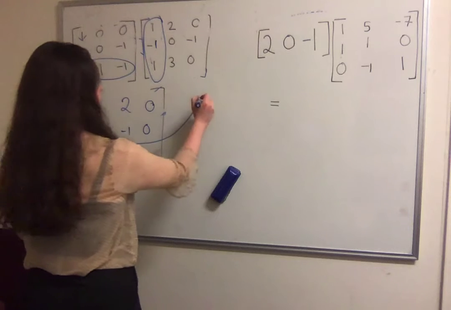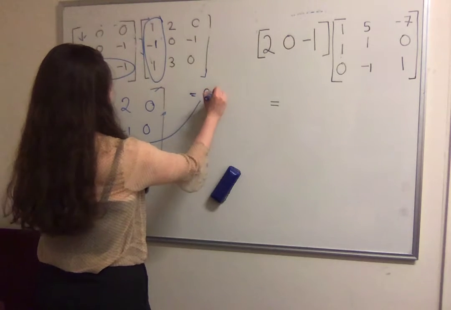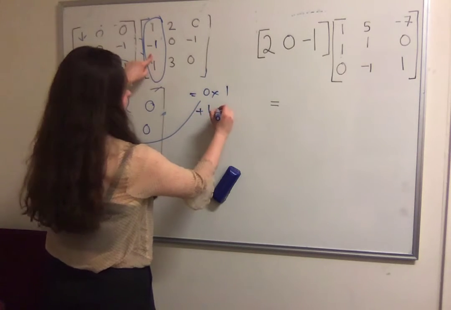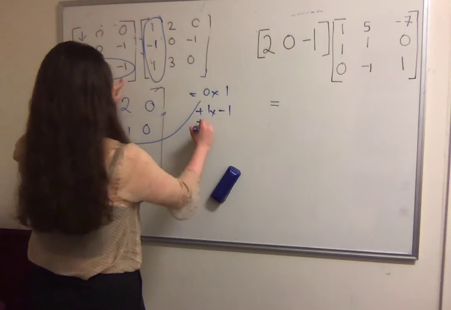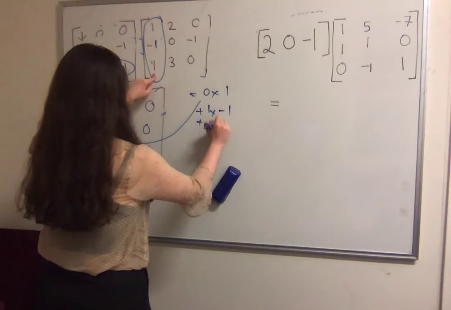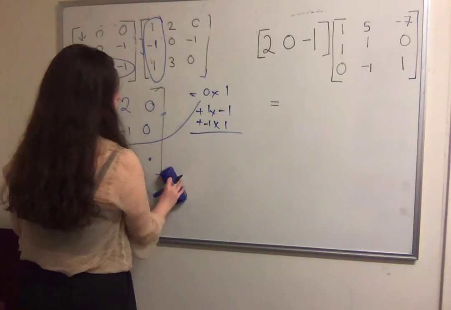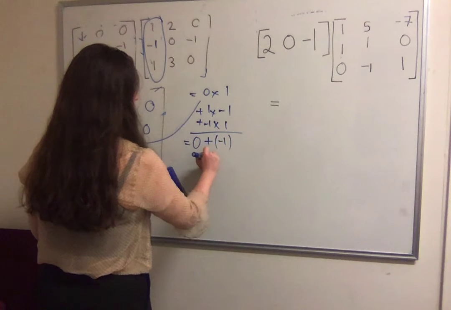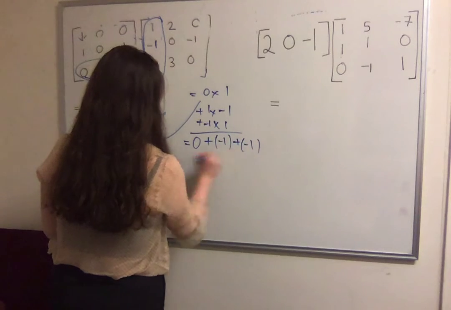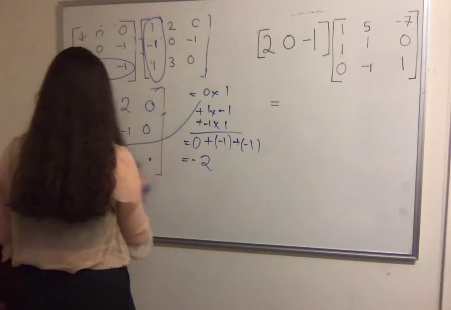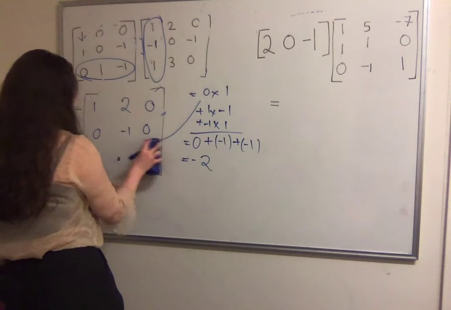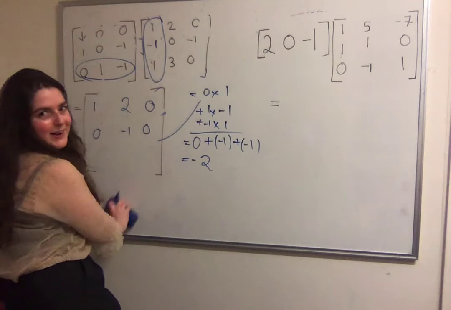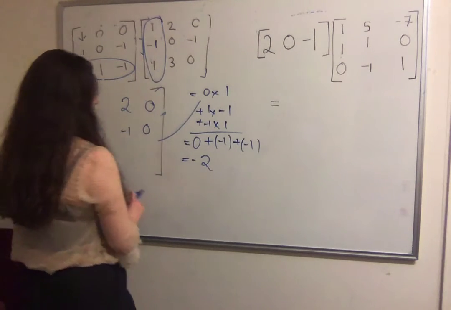And it's going to be equal to 0 times 1 plus 1 times -1 plus -1 times 1, which is going to be equal to 0 plus -1 plus -1, which is equal to -2. I'm a very messy writer. That's -2.